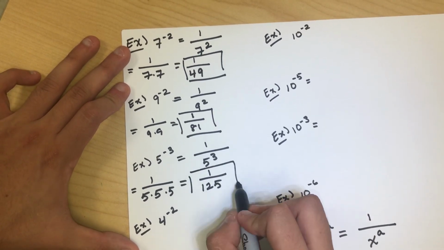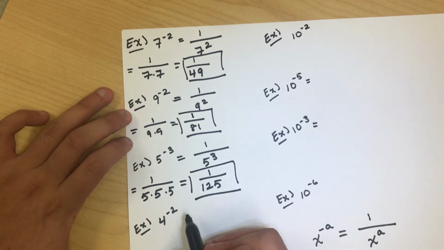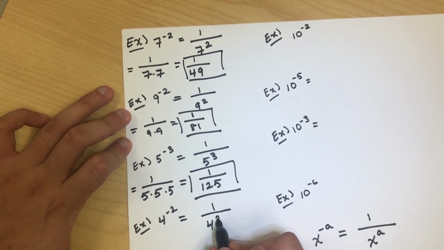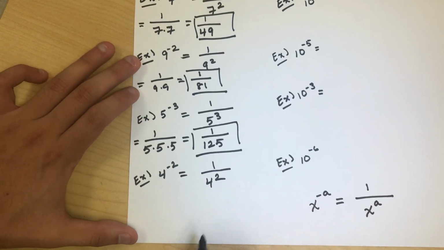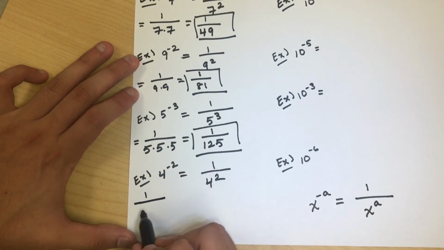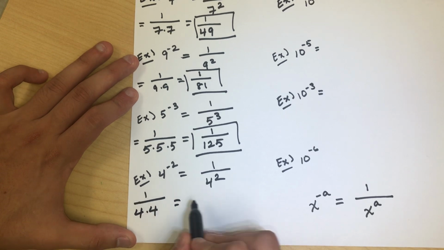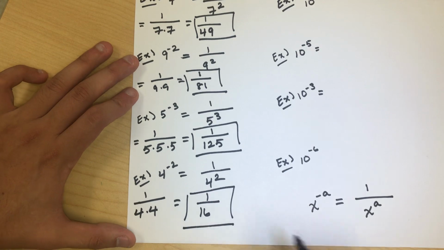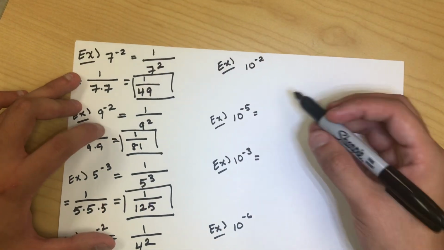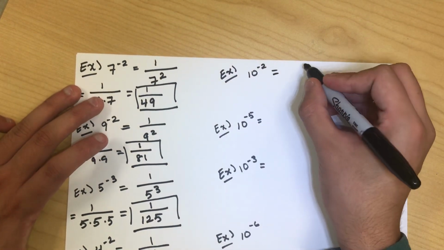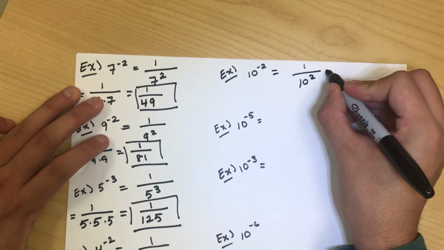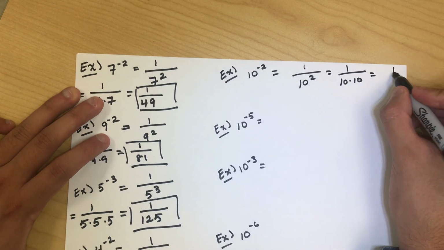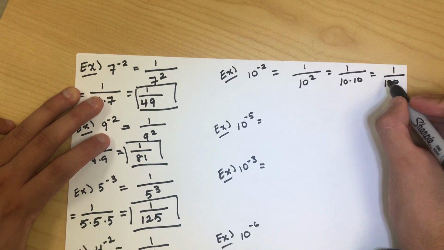You can go ahead and check that if you'd like. 4 to the negative 2 is going to be 1 over 4 squared. 4 squared is 4 times 4, so we get 1 over 16. 10 to the negative 2, same thing. 1 over 10 squared. 10 squared is the same thing as 10 times 10, which is going to be 1 over 100.